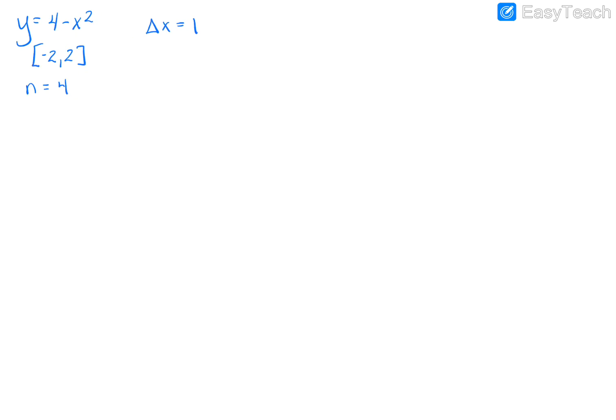So in this case, we want to create our same number line. So we're going to do something a little bit different this time. So when we have the midpoints, we still only want to use 4 rectangles, but what we're actually going to do now is take the midpoint between all of these numbers.